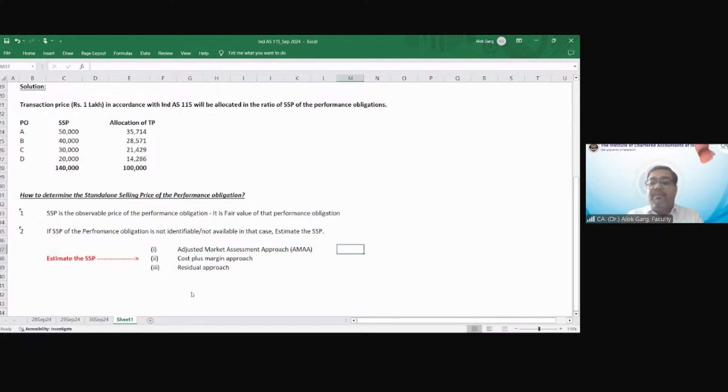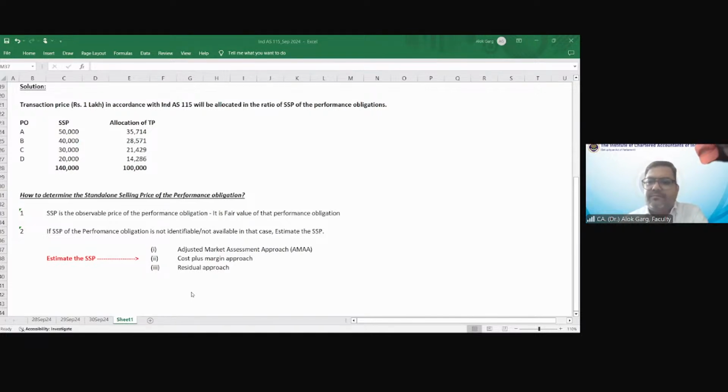What is meant by the AMMA approach? You are not selling those goods and services separately, but your competitors are selling them separately. So you need to take the competitor's selling price, adjusted with entity cost and margin. For example, your competitor is selling those goods at 10,000 rupees because he is doing bulk buying.